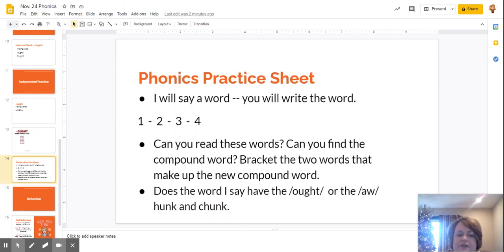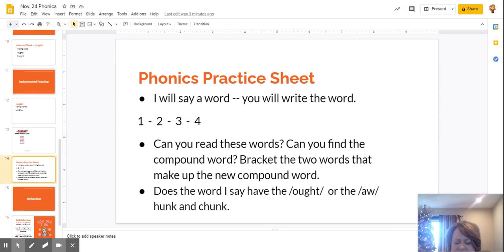For your phonics practice sheet today, in the box, it says, can you read these words? And you're going to find compound words again. So bracket each word that makes the compound word. So you've got a bracket around the words that make the one compound word. So you should have two brackets going on there.